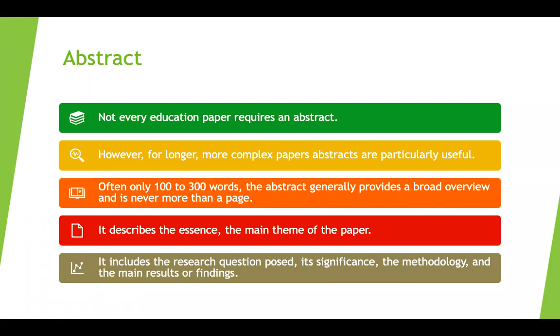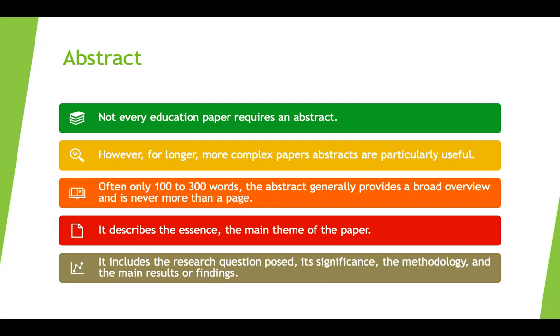One thing to notice here is that an abstract is not a requirement of every educational or scientific writing. It is part of some types of scientific writing, but it is not part of all of them. It is particularly part of research articles, review articles, or articles published in conferences or journals.